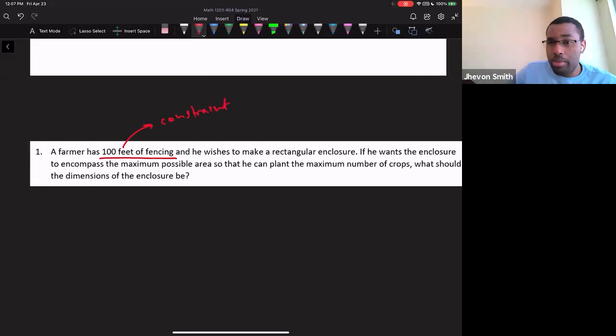You're also given an objective that you want to maximize. You want the maximum possible area. That is your objective. You want to maximize area.